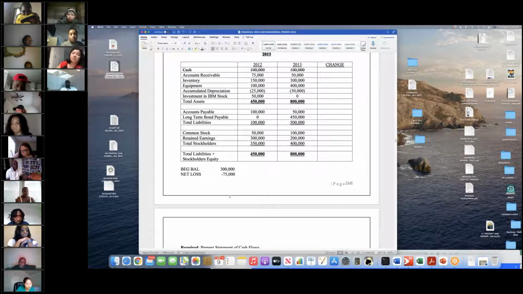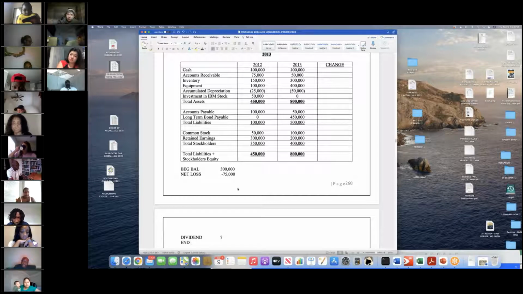Then we have the dividend, which we're trying to solve for. So that's what we're looking for. And we have ending retained earnings, correct?